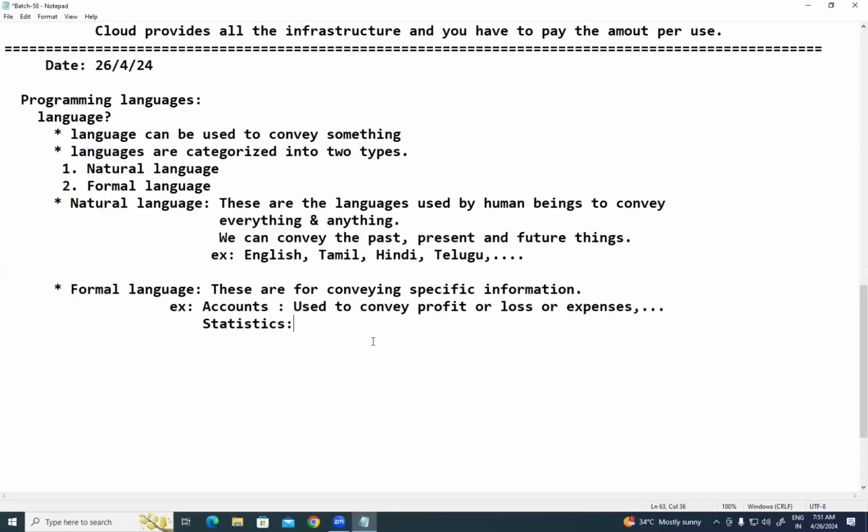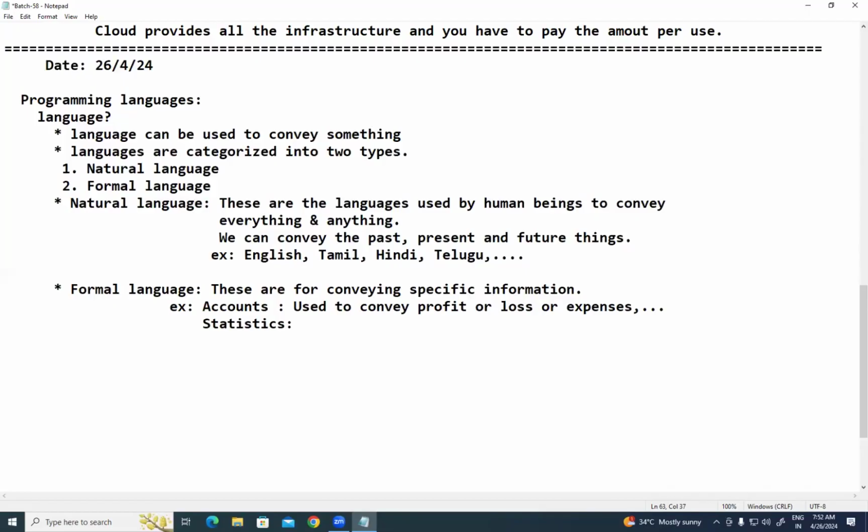Can we find this with the help of statistics?